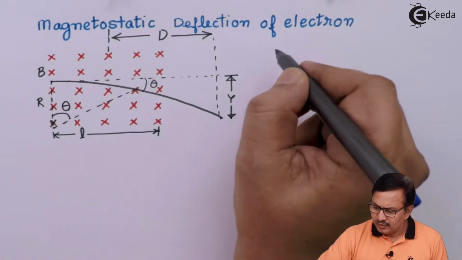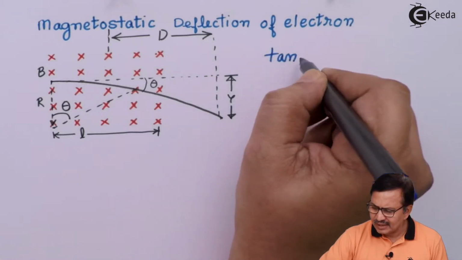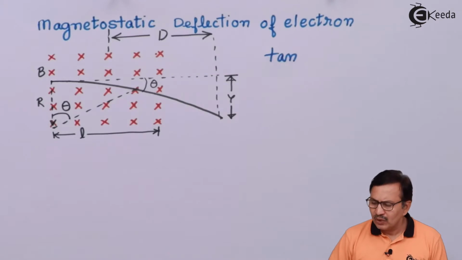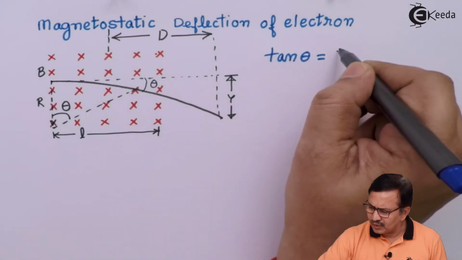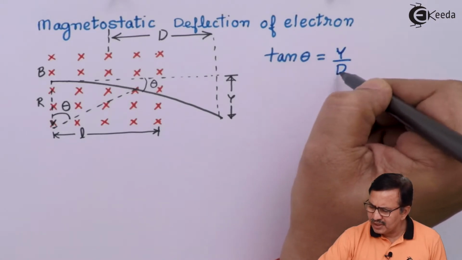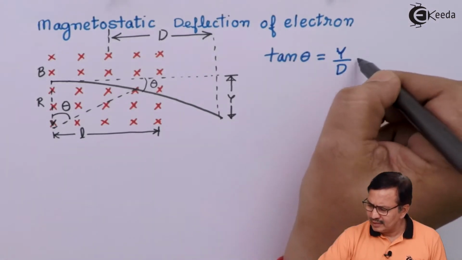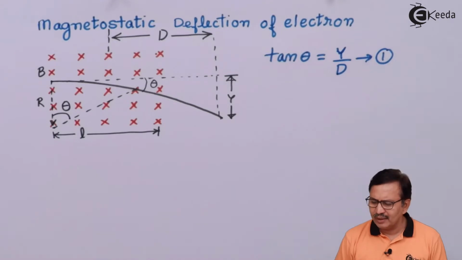So from the geometry we can say that tan of angle theta is going to be equal to y upon d. Let us say that this is expression 1.